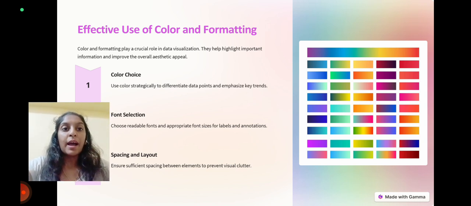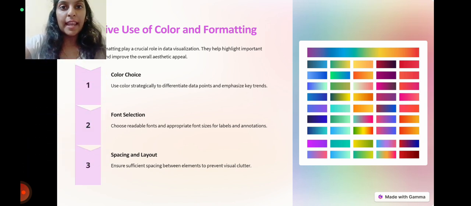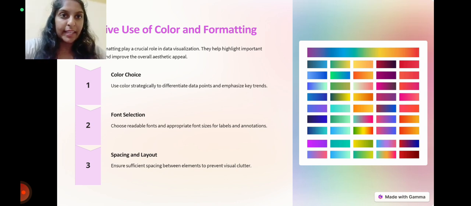They help highlight the important information and improve the overall aesthetic appeal. Highlighting means we can highlight only the important contents, which helps to read very quickly and also helps to recall the contents very quickly.